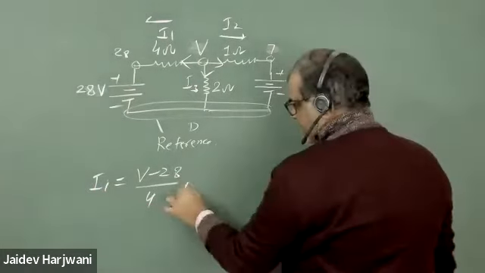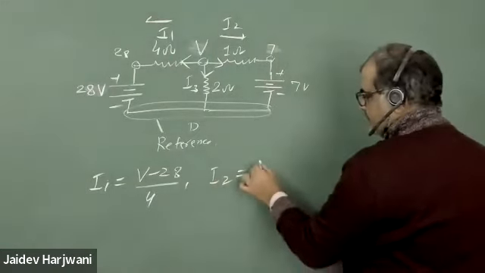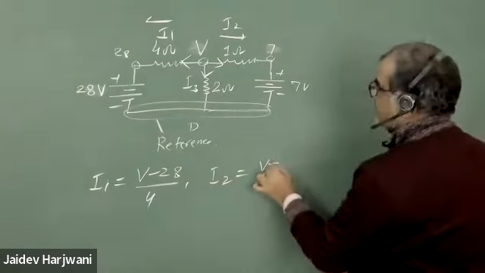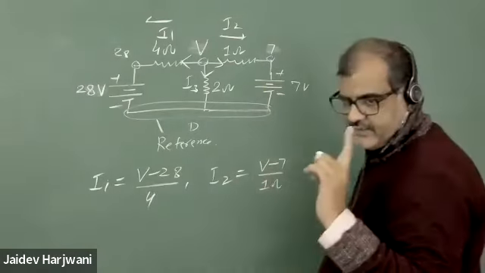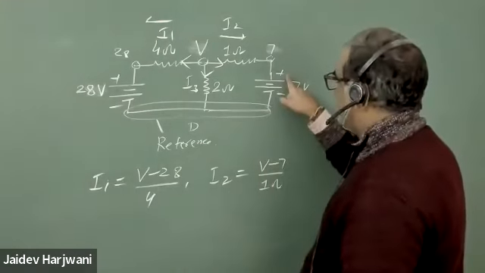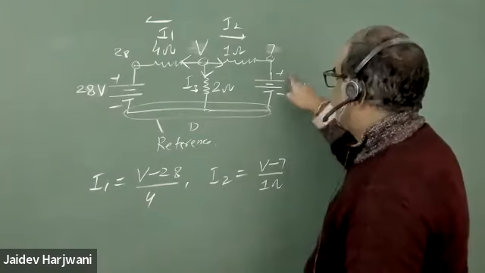Similarly, what is I2? V minus 7 upon 1. You need to consider the direction; if it is minus here, then it will be minus plus, so you have to see the sign.